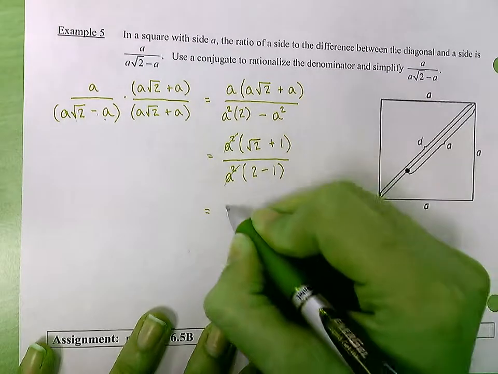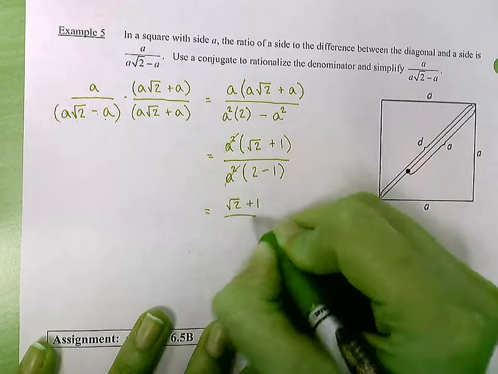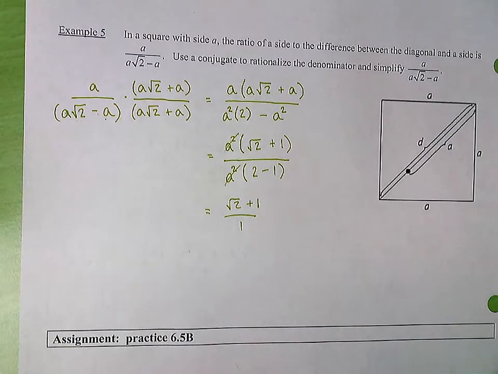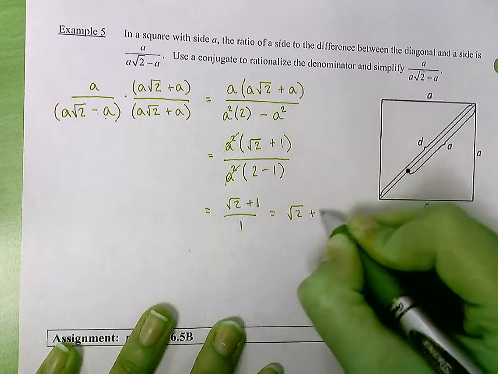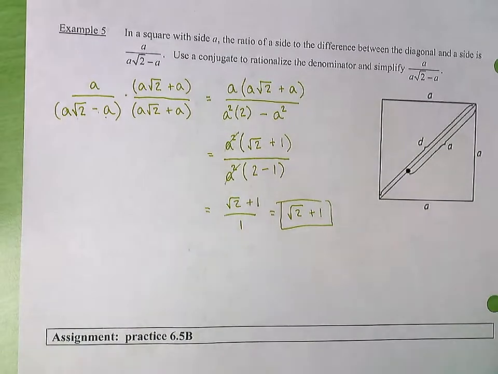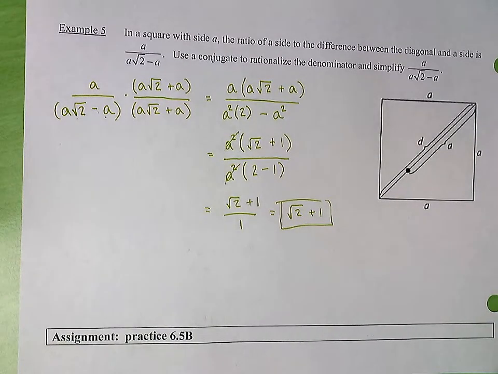So I'll have square root of 2 plus 1 over 1, which is just the square root of 2 plus 1. Okay, so multiplying by the conjugate to rationalize your denominator and simplifying those radicals.